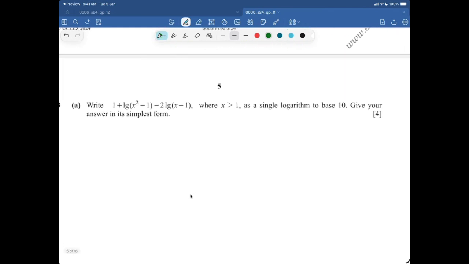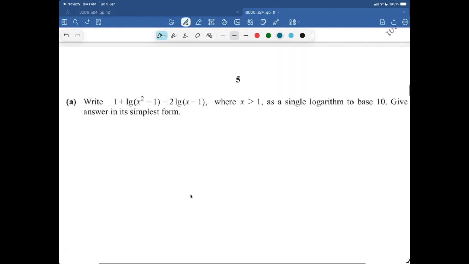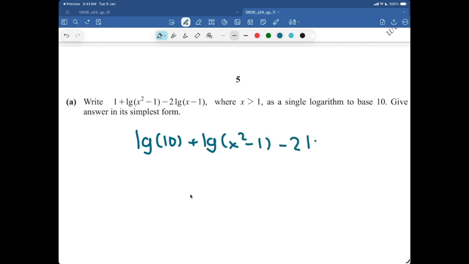So this question tests you about some logarithmic identities. So we can first write 1 as lg 10, so we can just write lg 10 plus lg of (x squared minus 1) minus 2 lg (x minus 1).